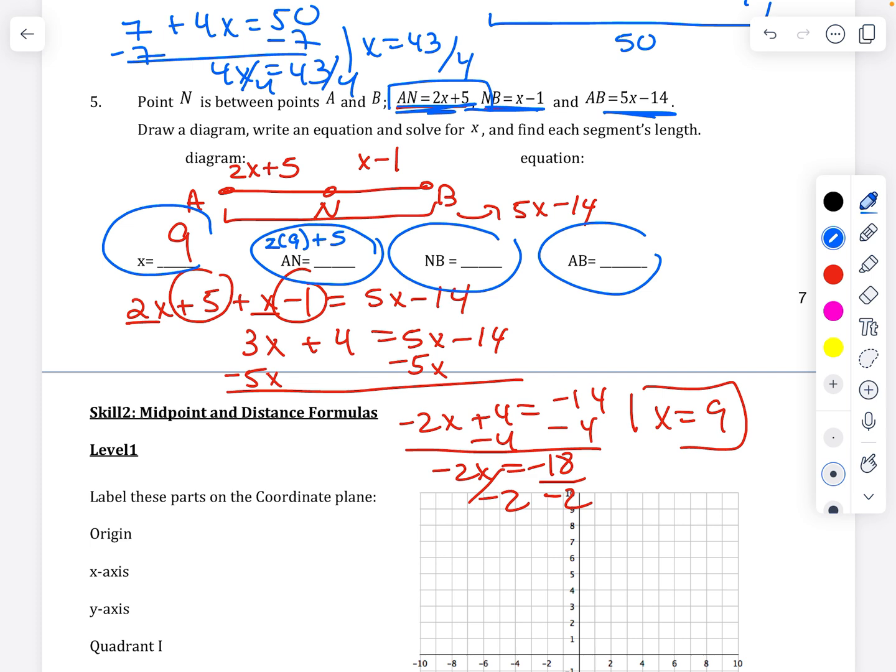So we have 2 times 9 plus 5, and you can punch that into your calculator. You should get 23. What's NB? NB was x minus 1. So instead of x, use the 9. 9 minus 1 gives me 8. And then AB is 5 times 9 minus 14, and this will give you your 31.